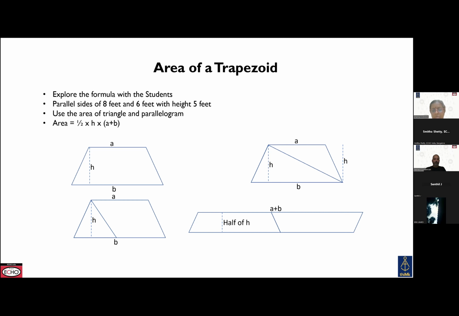Or you cut it in such a way that the base becomes A plus B and the height becomes half. There are various ways of doing it. It's not just one simple way, but all of them are elegant in many ways. Once we figure these out along with children, the formula is derived by them themselves, and that journey of discovery of the formula is very important.